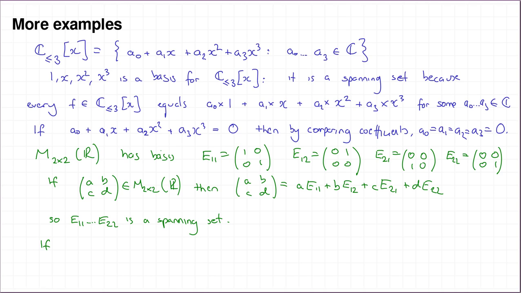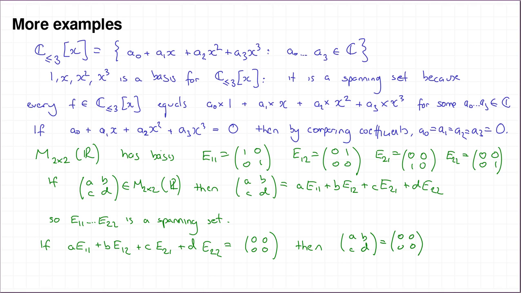So if a times e11 plus b times e12 plus c times e21 plus d times e22 is equal to the 0 element in our vector space, which is the 2 by 2 zero matrix, then just simplifying what you have on the left-hand side, a, b, c, d is equal to 0, 0, 0, 0.